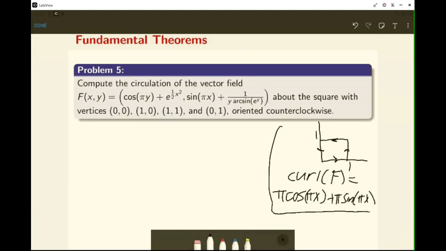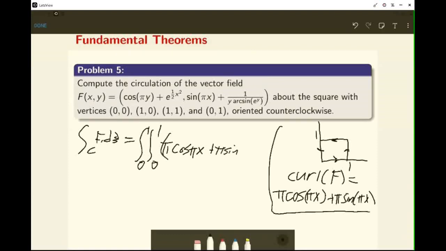So rather than dotting this very complicated vector field against these tangent elements, our integral of F dot ds is our integral just over this unit square of pi cosine pi x plus pi sine pi x.